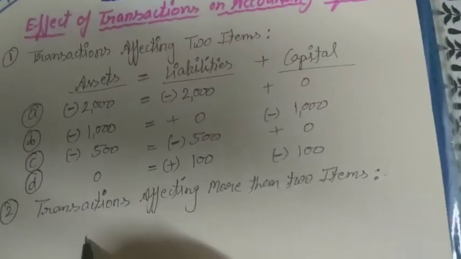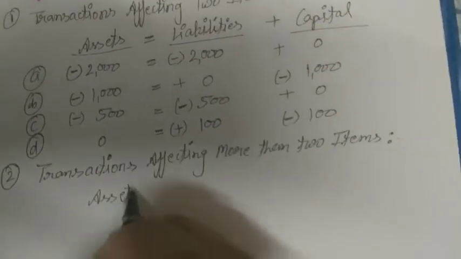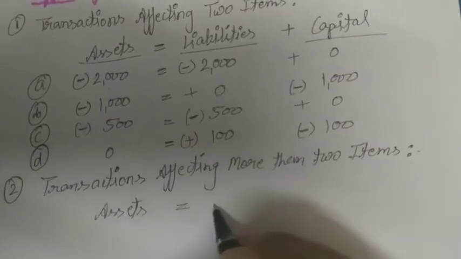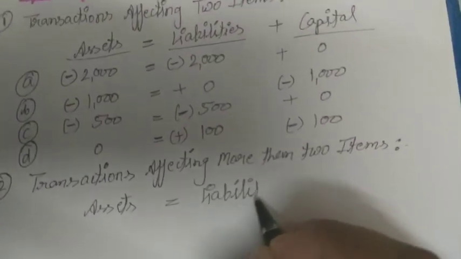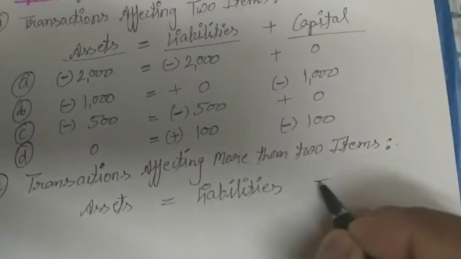Here once again, assets is equal to liability plus capital.